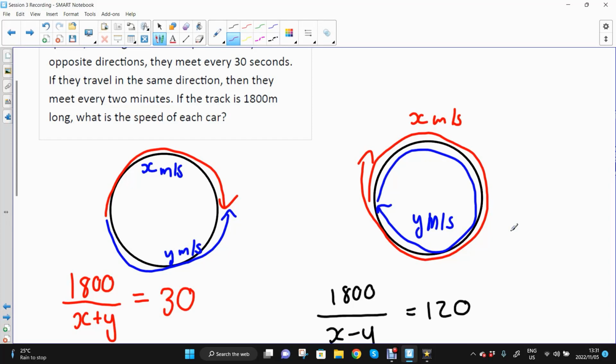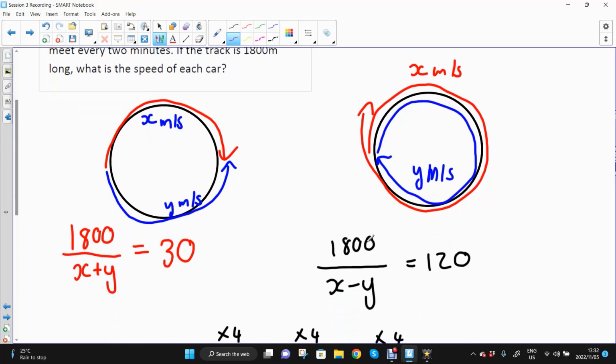So in that case, we take the total distance around the track, but then we subtract the speeds to not have double total speeds around the track. We just want one car's speed in that case around the track. Equals 120, because this is my amount of time that this is taking me.